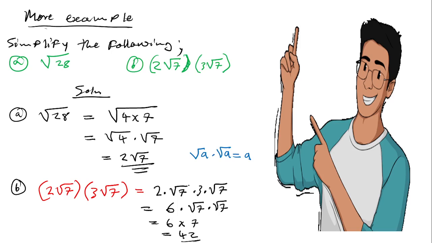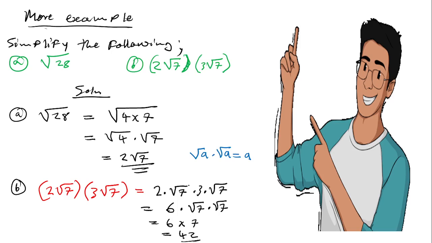Just write 6 times 7. Yes. Since it's root of 7 times root of 7, the answer is 7, because root of a dot root of a.